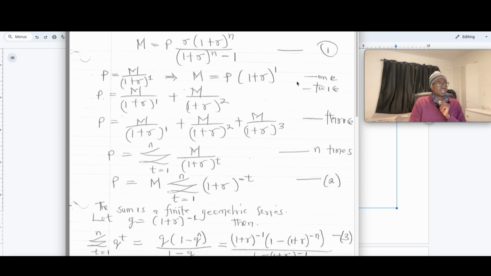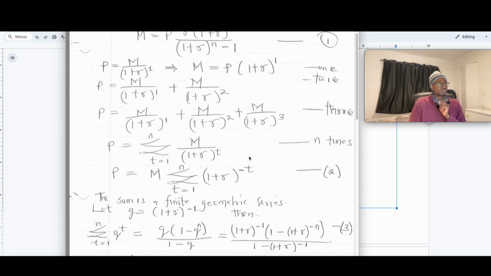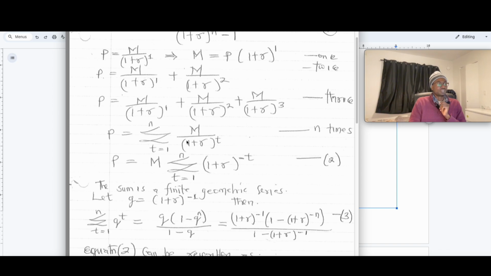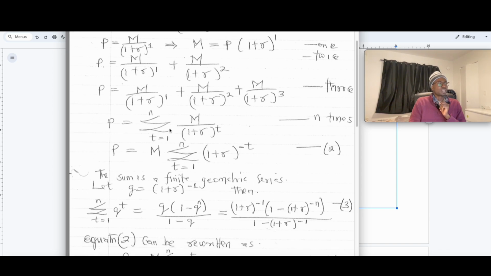So we can generalize 1, 2, 3 to this n times, which is the n times here. That is, we want to sum up the future value of amortization, the installment payments of the principal at various times t.